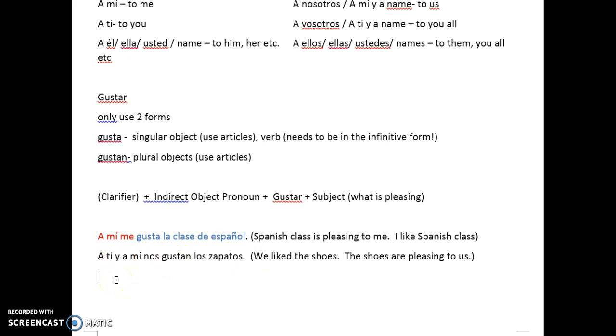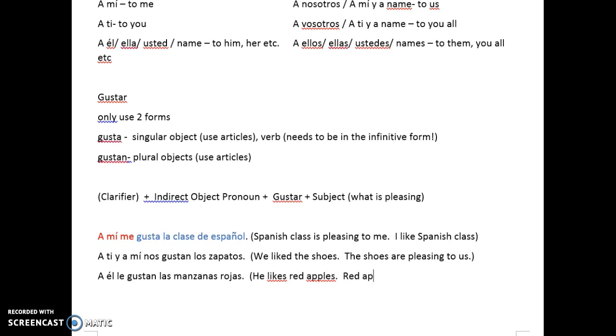One more example would be, a él le gustan las, I don't know, what does he like? He likes las manzanas rojas. He likes red apples.